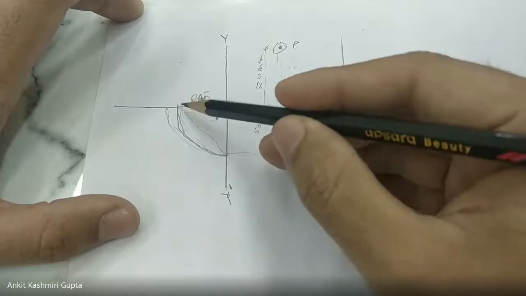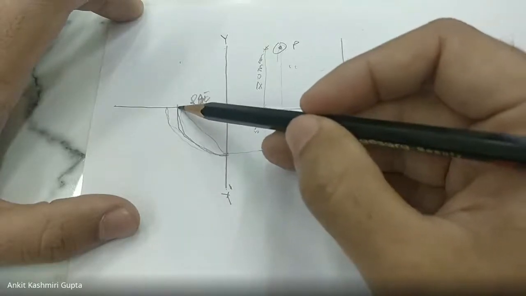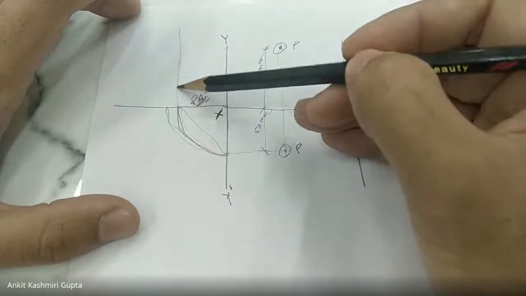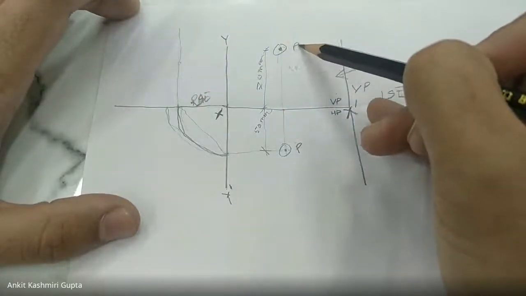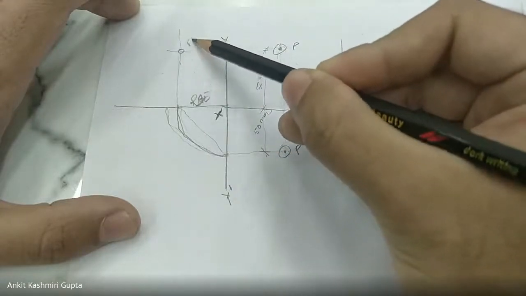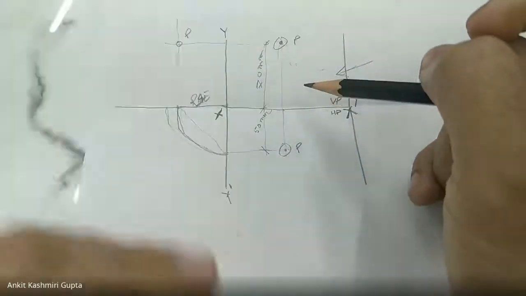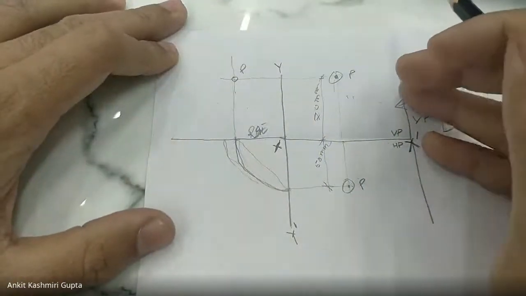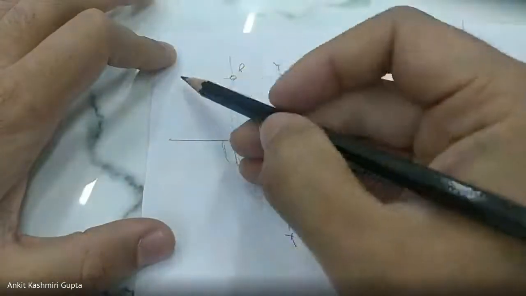Then when you take a projection up from here and a horizontal projection from here, you will get the side elevation of point P. Is this clear to everyone? So this is the answer for question number 1.